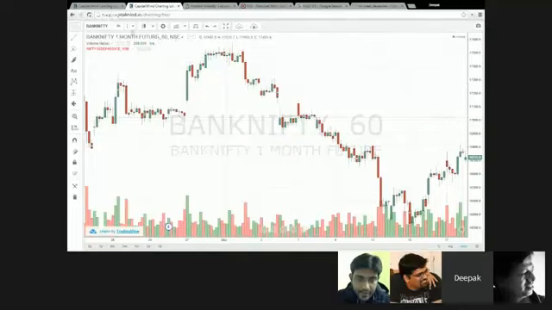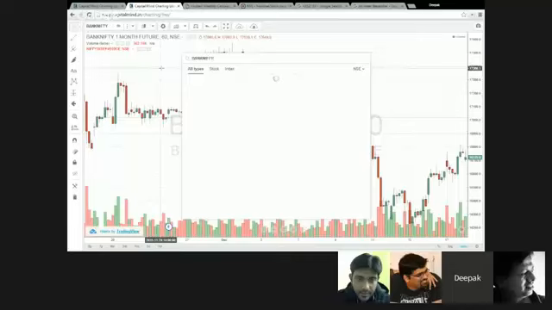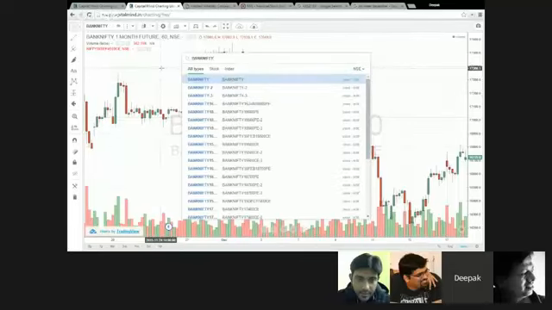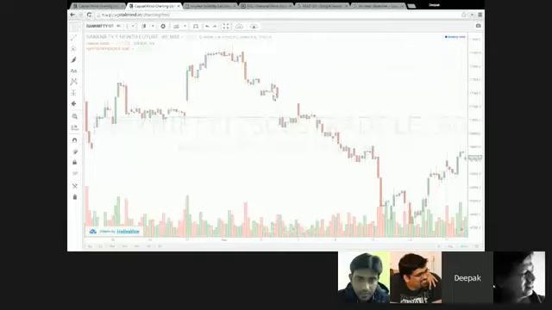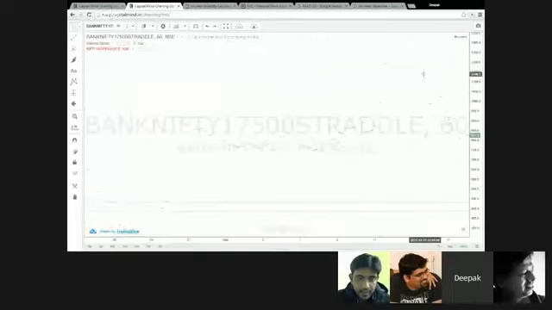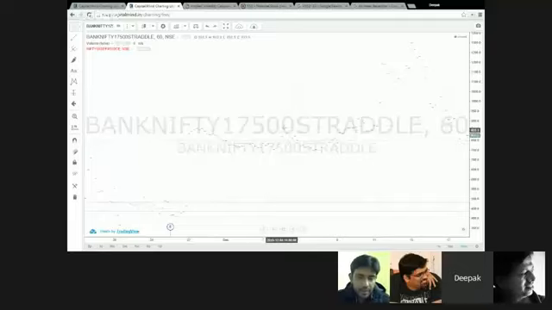That one day, I think we saw a fairly large fall in volatility, or the next day itself. Because if you plot the Bank Nifty, what was it at? 17,400. So a 17,500 straddle. So it'll plot December, or do you need to mention December?